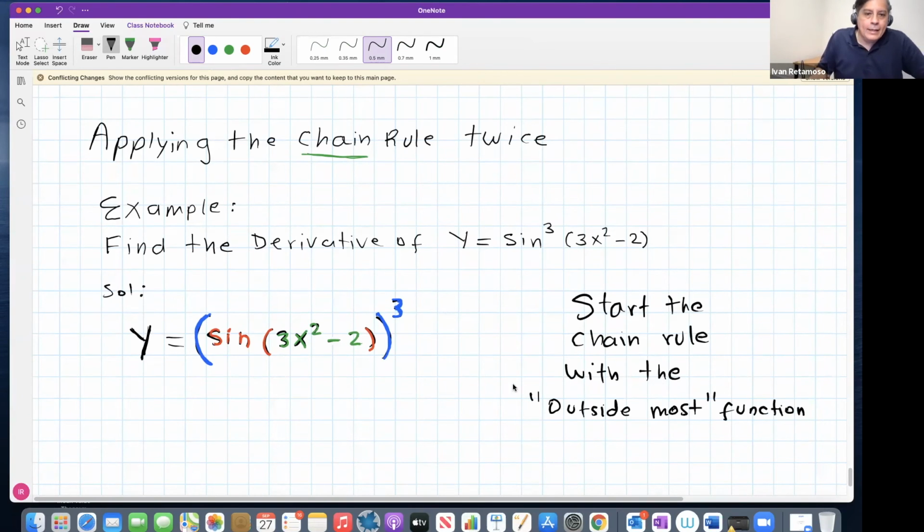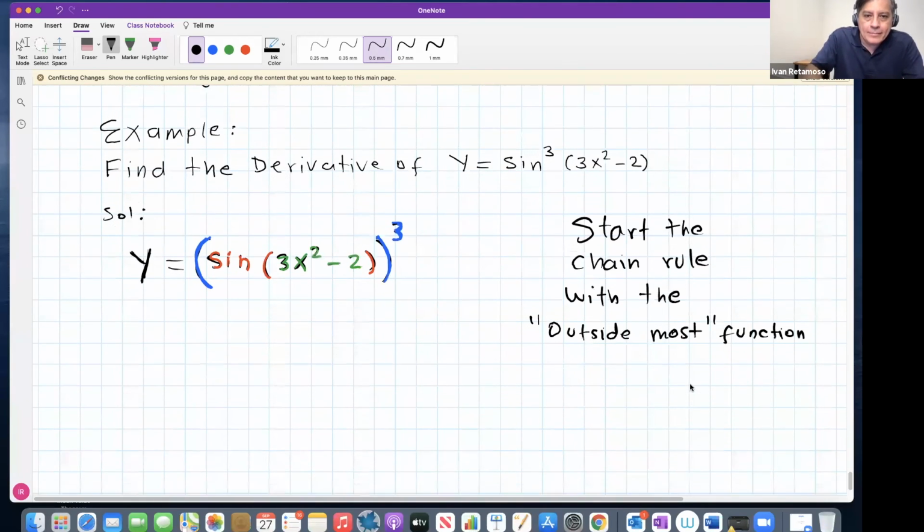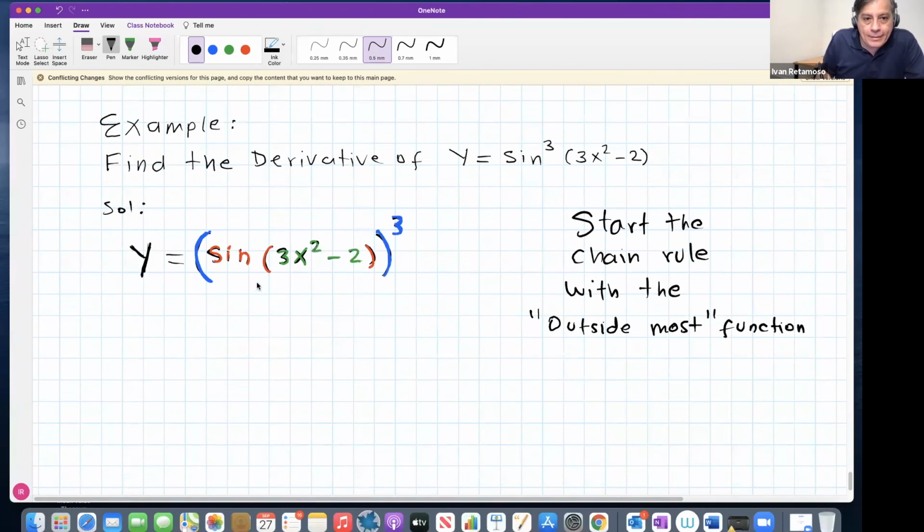Okay, and again, that's why they call it the chain rule, right? Because they resemble these nested functions, right? So let's start with the outsidemost function.